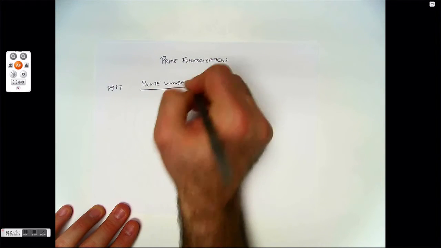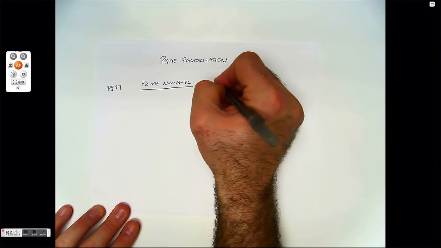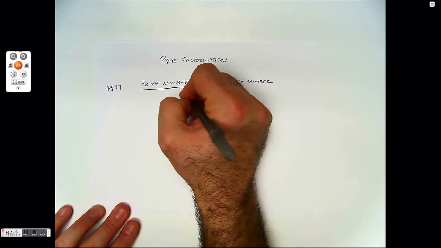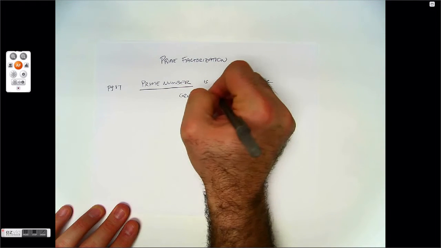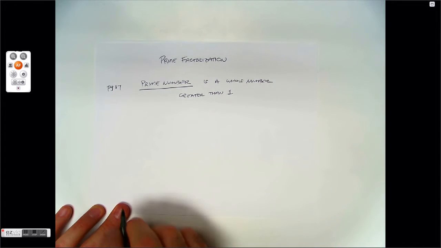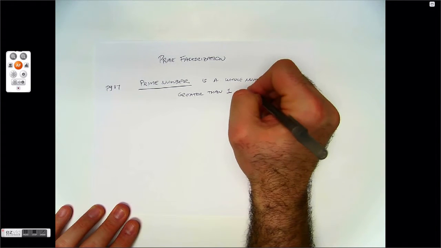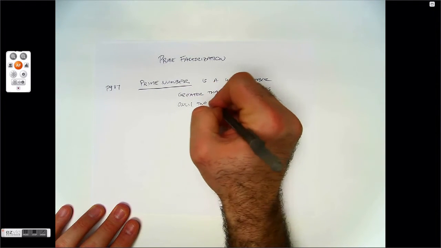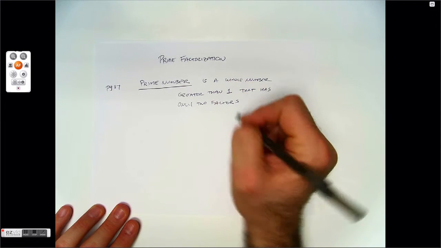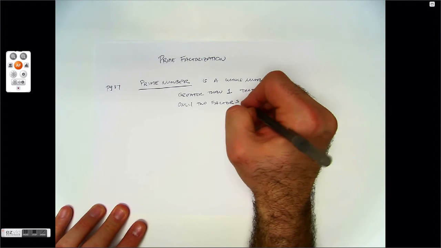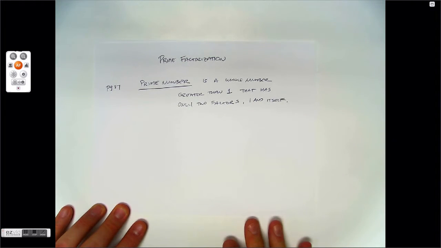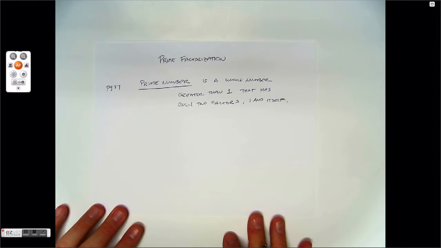A prime number is a whole number greater than 1 that has only 2 factors, and those 2 factors are 1 and itself. So a prime number is a whole number greater than 1 that has only 2 factors, 1 and itself.